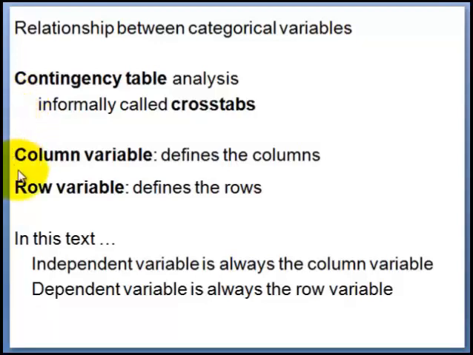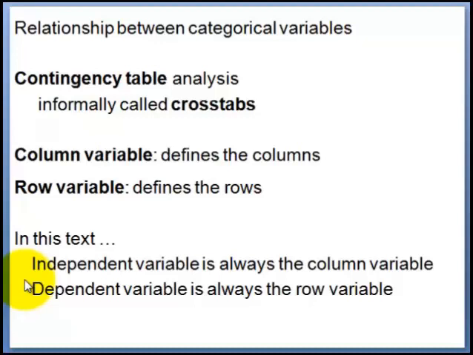Two variables are presented in the contingency table. As you'll see on the next slide, the column variable defines the columns. The row variable defines the rows. And this text follows a convention. This is not a convention that holds in contingency tables and other very similar tables that you'll see as you read the literature.